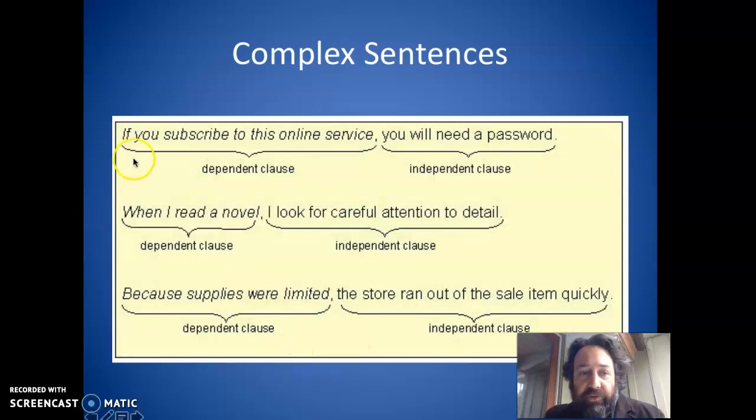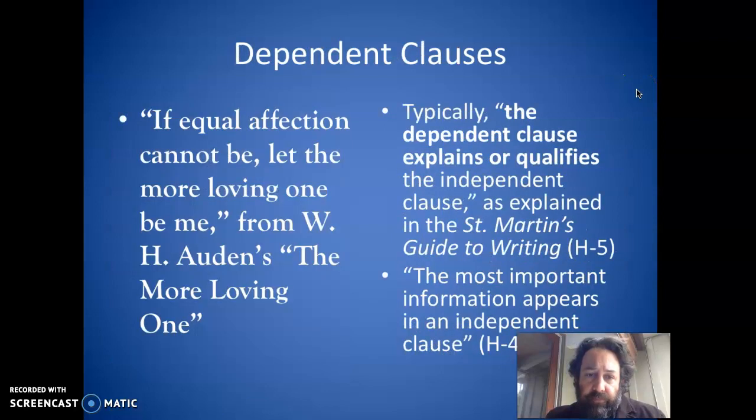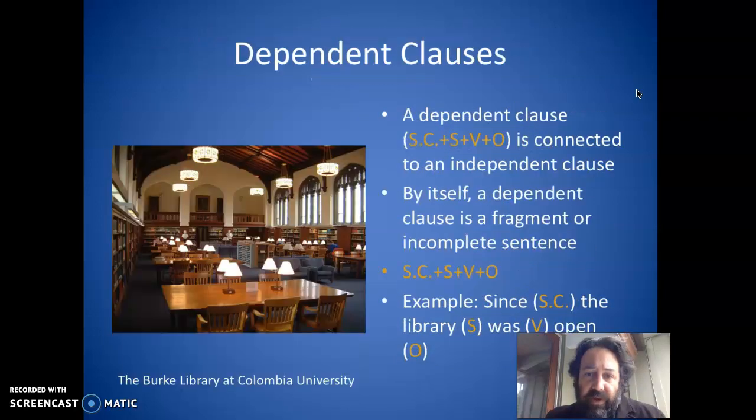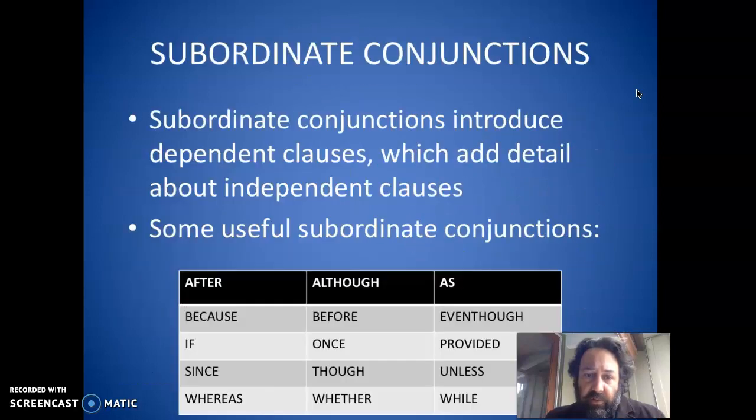The dependent clause, as you can see here, is the one that will begin with a subordinate conjunction, like when, if, because, since, although, even though, whenever, wherever. I've got more or less a list of these here, of the subordinate conjunctions. There's a list of some of the more common ones. And basically these help you create a clause, not a sentence.